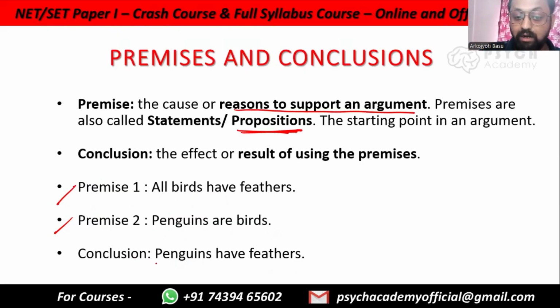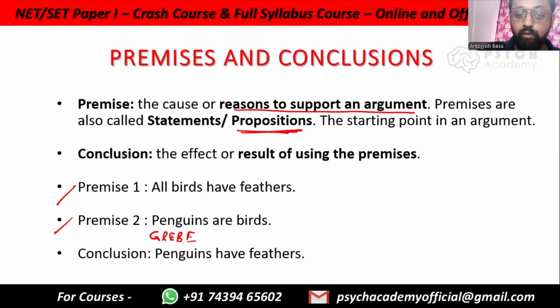And the third point, the conclusion, this is not given to us. This is what we are making based on the premises, that is, if all birds have feathers and penguins are birds, penguins have feathers. Now, it may look so intuitive that yes, penguins have feathers. But the point is, instead of penguin, if I had thought of any other bird, let's say a grebe.